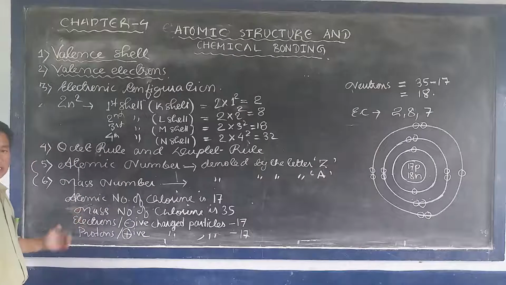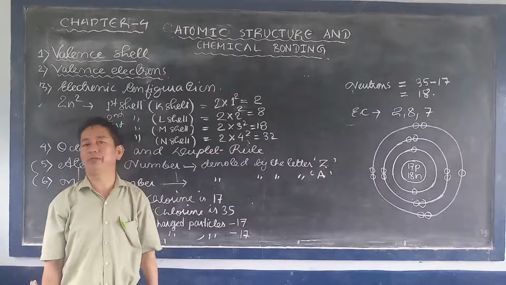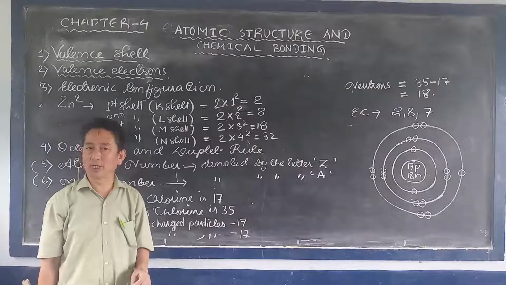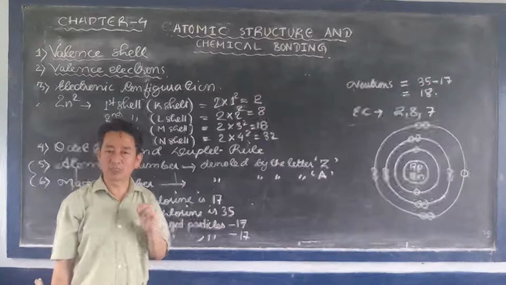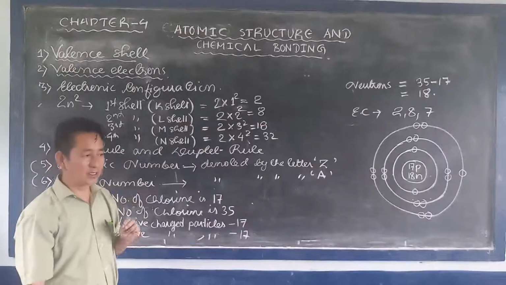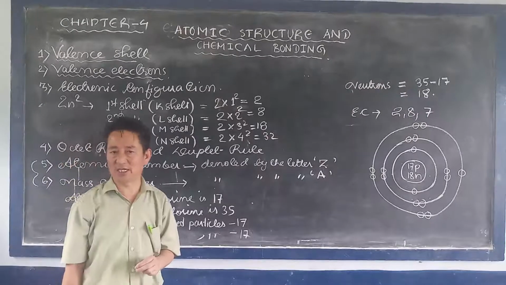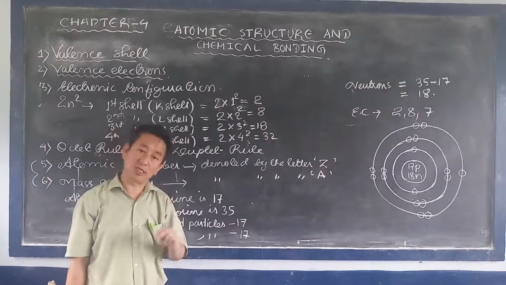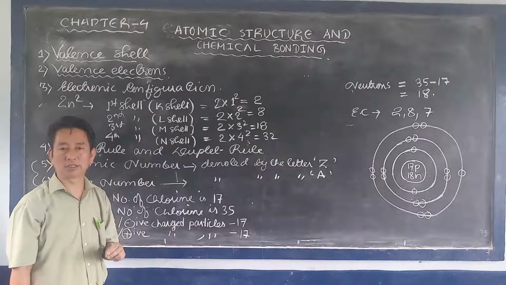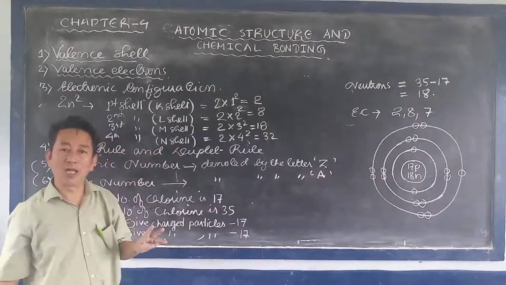Before I start this, I would like to recapitulate what we have done in the previous class. Now, what is an atom? An atom is the smallest particle of an element which may or may not have independent existence. An atom is made up of subatomic particles: electrons, protons and neutrons.